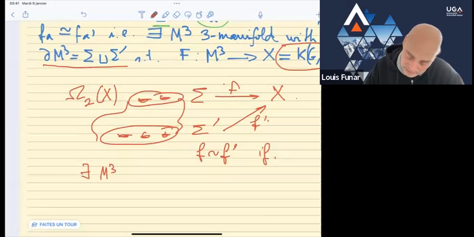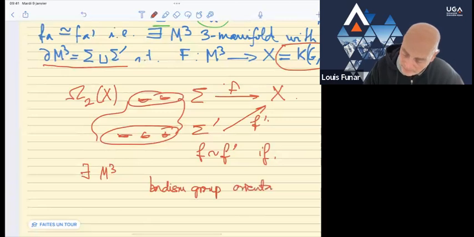So this is the bordism group. You are working in the orientable case, so everything is orientable. So here we have orientable surfaces and 3-manifolds.